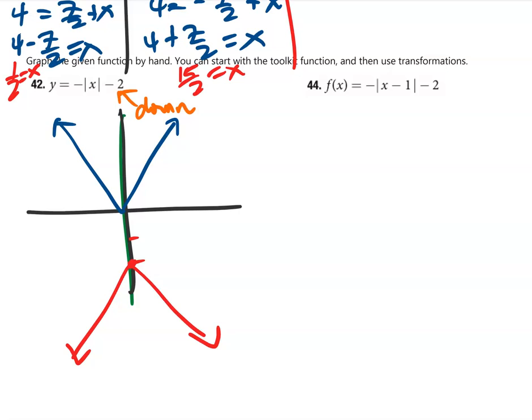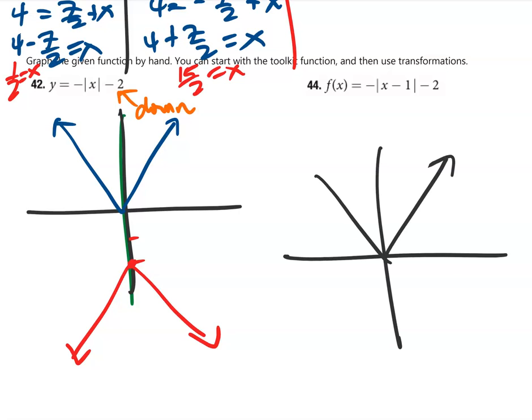44, let's do the same thing. Let's have an absolute value function here, and then here with the transformations, minus 2 again, that is down 2, x minus 1 meaning 1 to the right, if it's minus to the right, if it's plus to the left, and then this is a reflection.